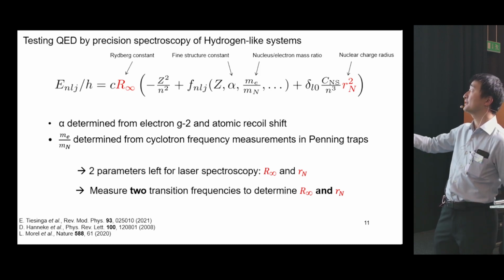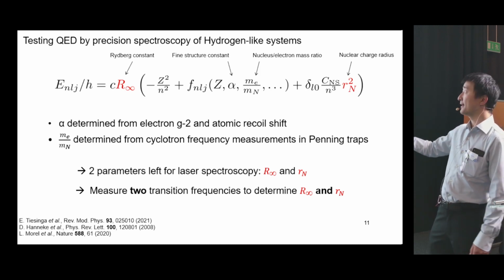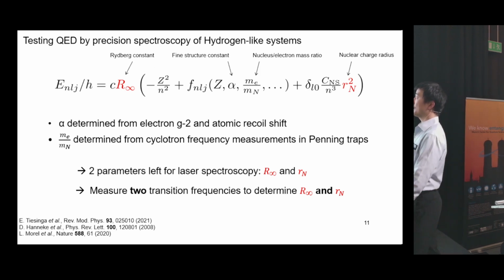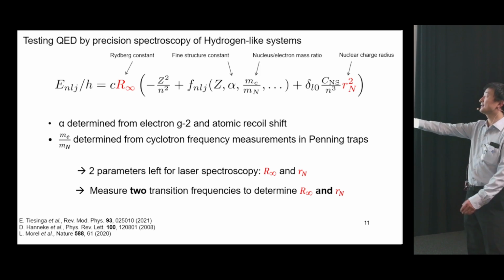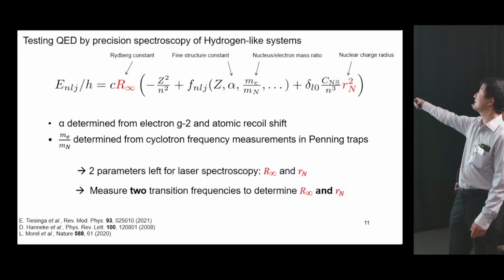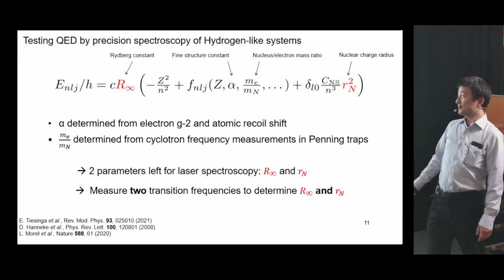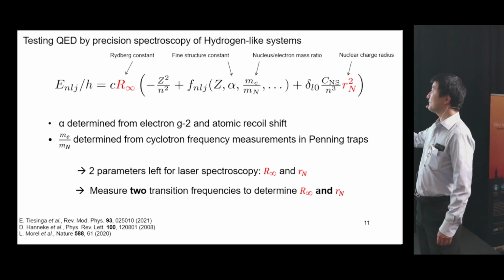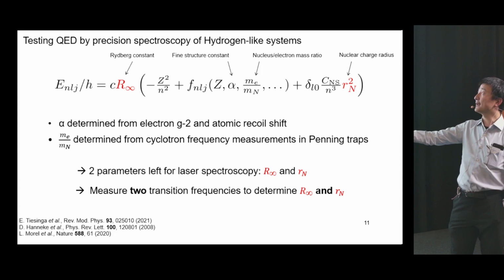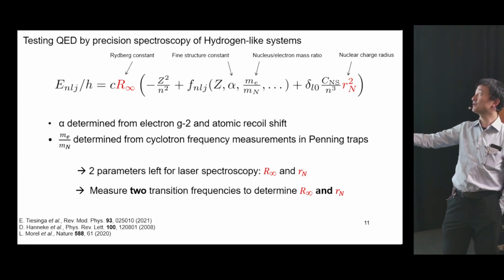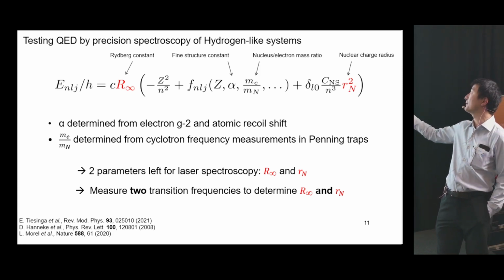We can basically consider them already known. So the remaining two parameters to be determined from the spectroscopy are the Rydberg constant and the nuclear charge radius. Obviously, if you put two experimental inputs on the left-hand side, you can solve this set of equations to obtain these two unknown parameters, the Rydberg constant and the charge radius.